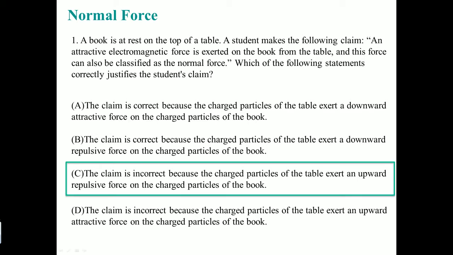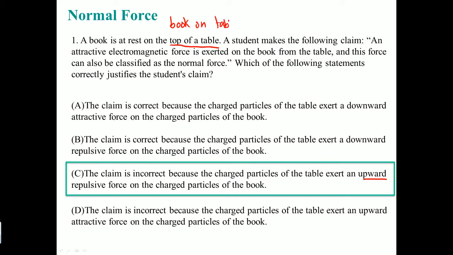It would be C. The claim is actually incorrect because the charged particles of the table exert an upward force. It's upward because the book is at rest on top of the table. So right now it's going to be book on table.